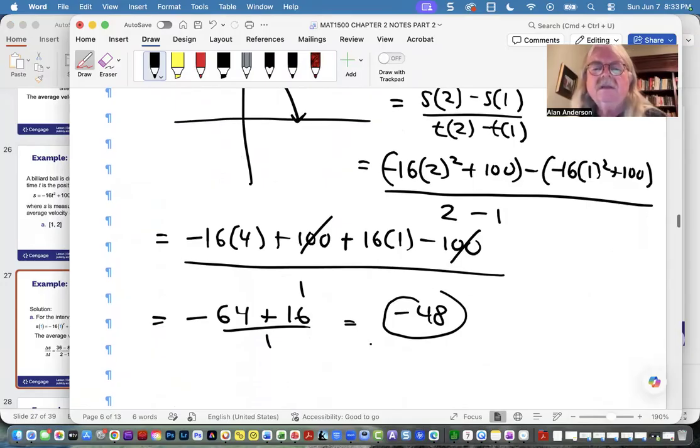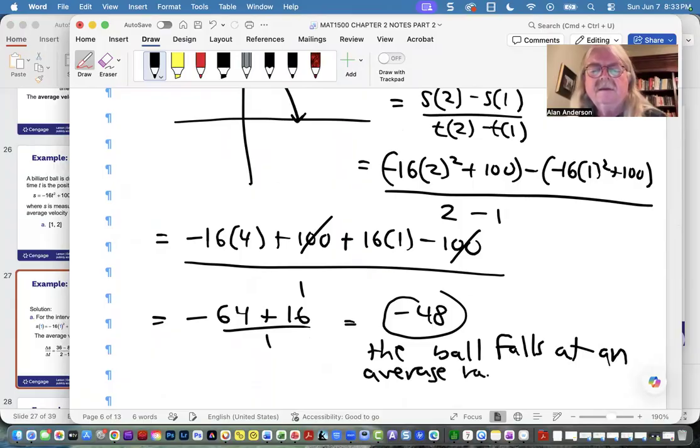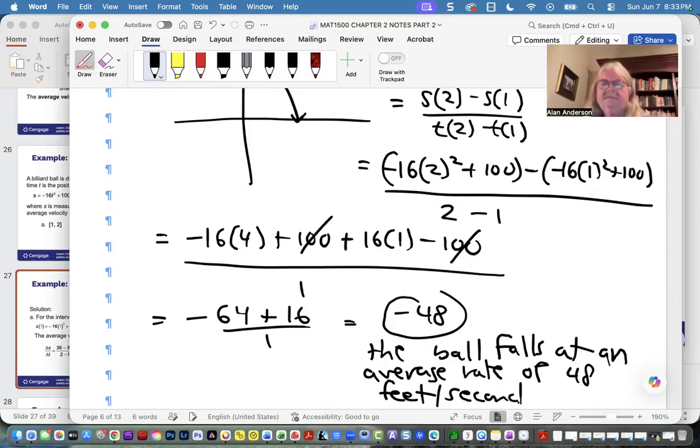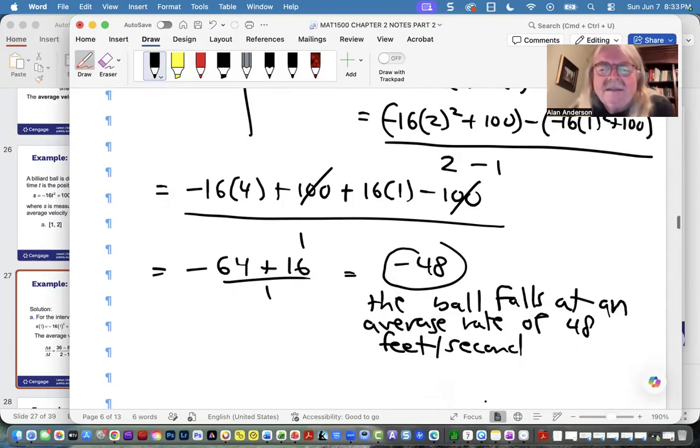So in other words, the ball falls at a rate, or an average rate, I should say, of 48 feet per second. Okay.